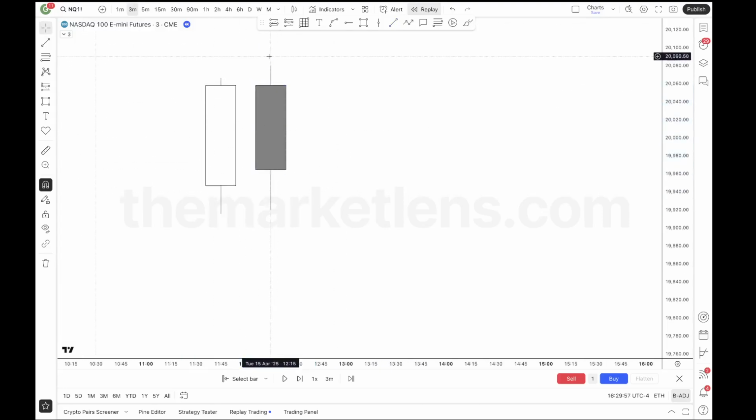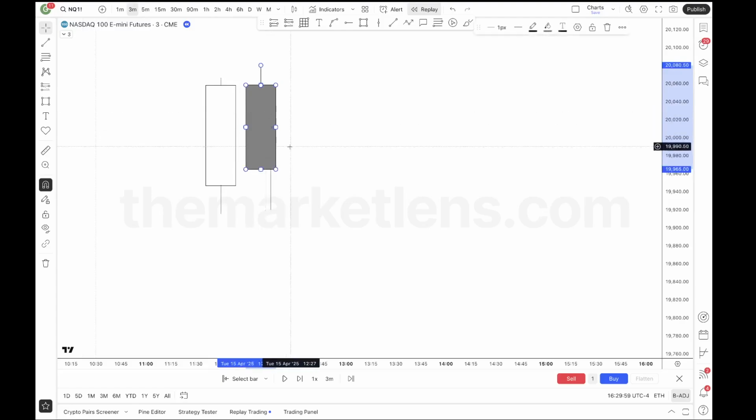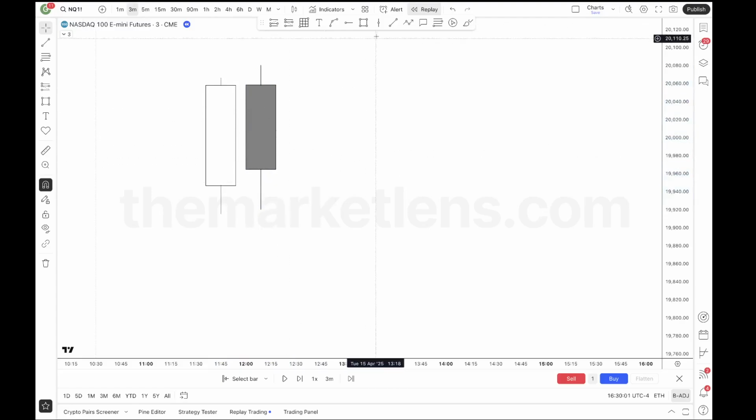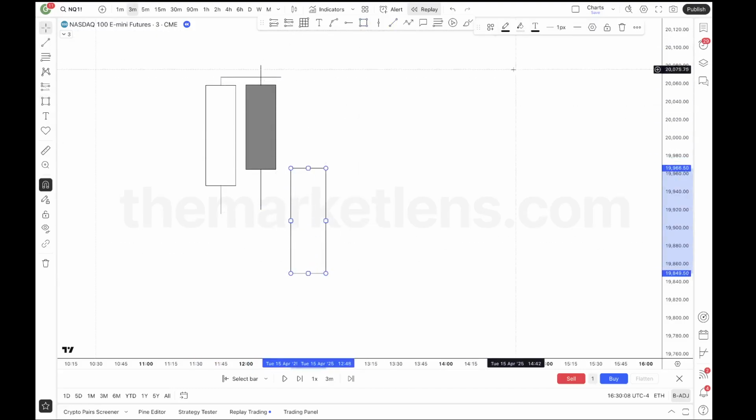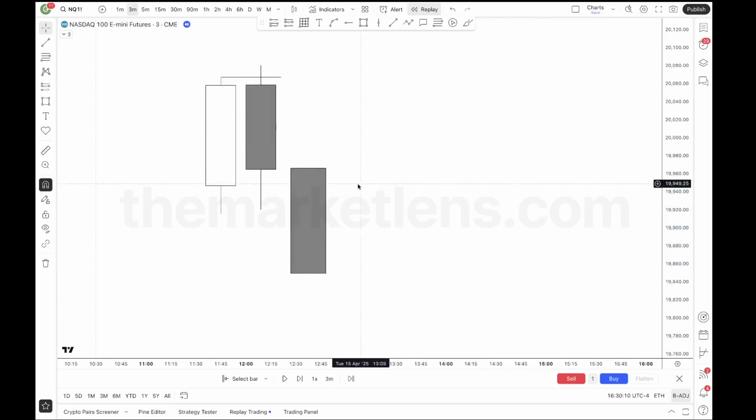It sweeps this high out. So you're assuming that this next candle will expand lower, right? Just the fractal model.